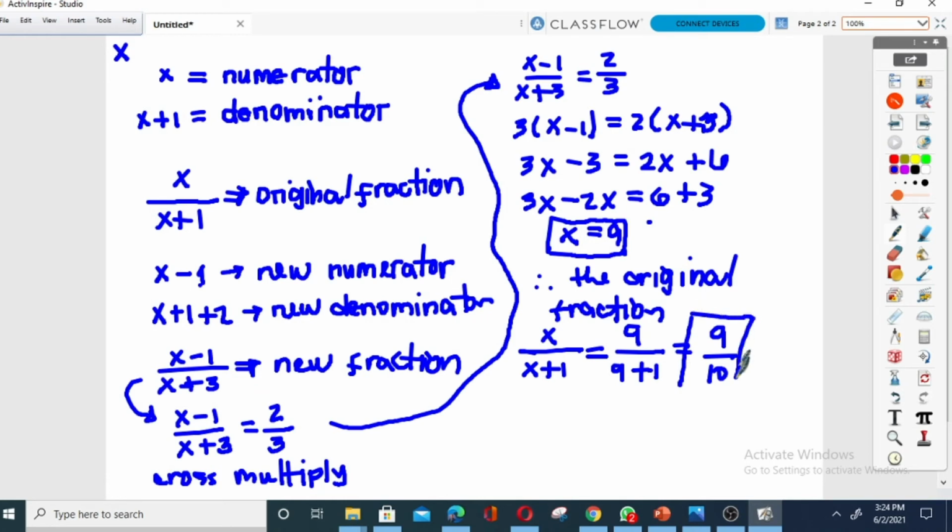So this will be the original fraction. So this will be the answer. Alright, so that's enough for question number 3 under number relation problem.